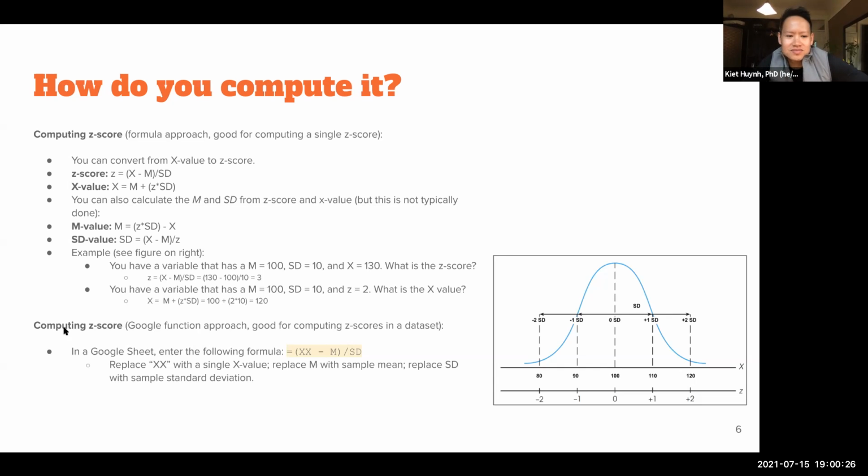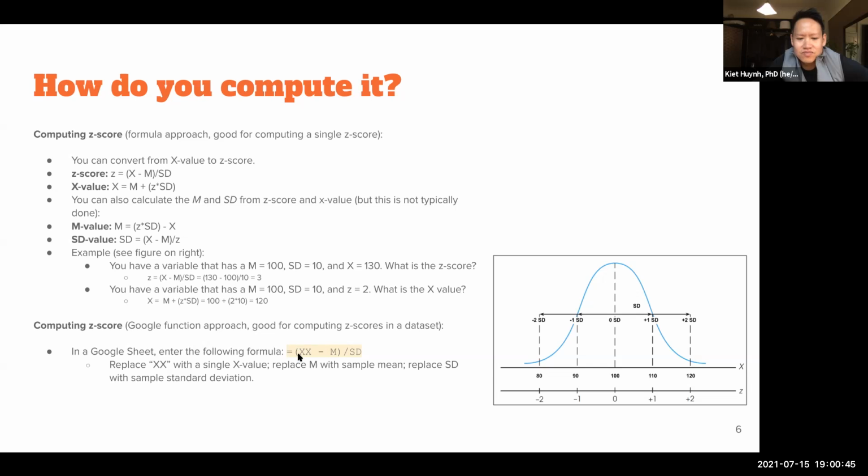All right. So how do you compute a Z-score in Google Sheets? There's no Google function for it. It's actually just a formula that you plug in, which is what we did earlier.